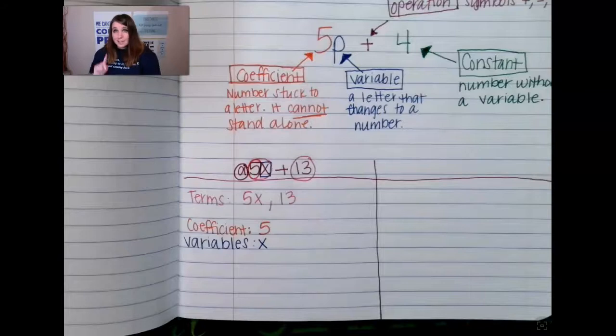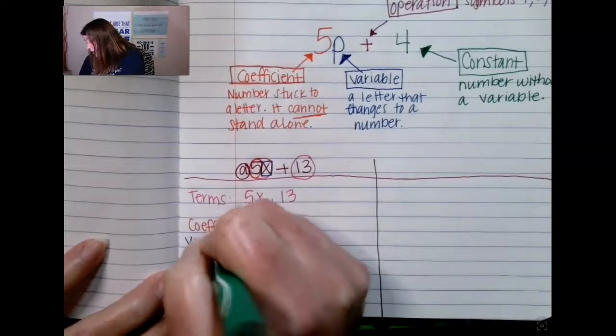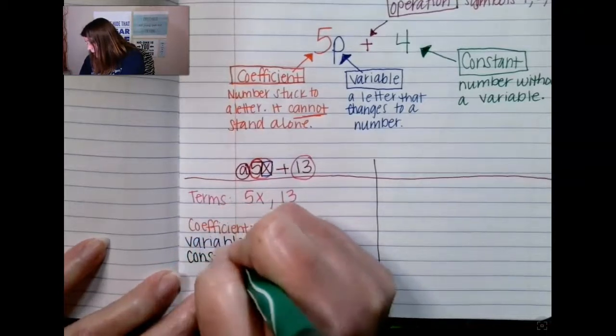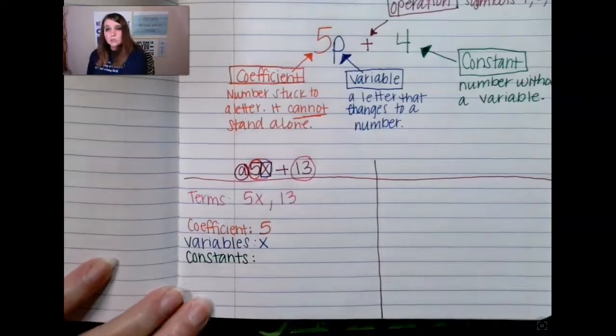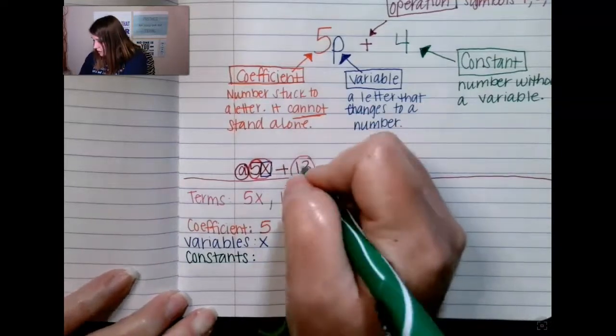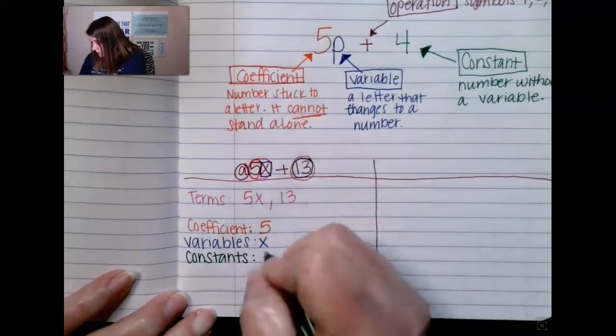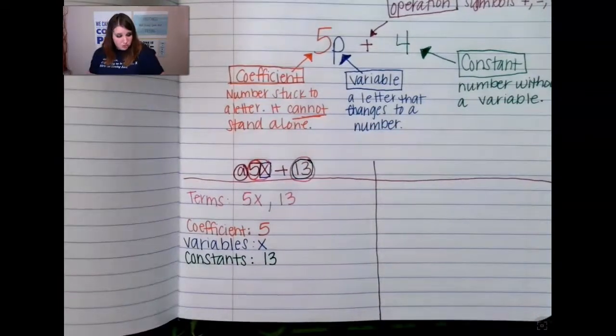And last, but definitely not least, the word constant. So we want to identify constants. Do we have any constants to identify here? Yes, we do. The constant that we have to identify is a 13 because it is constantly a 13.